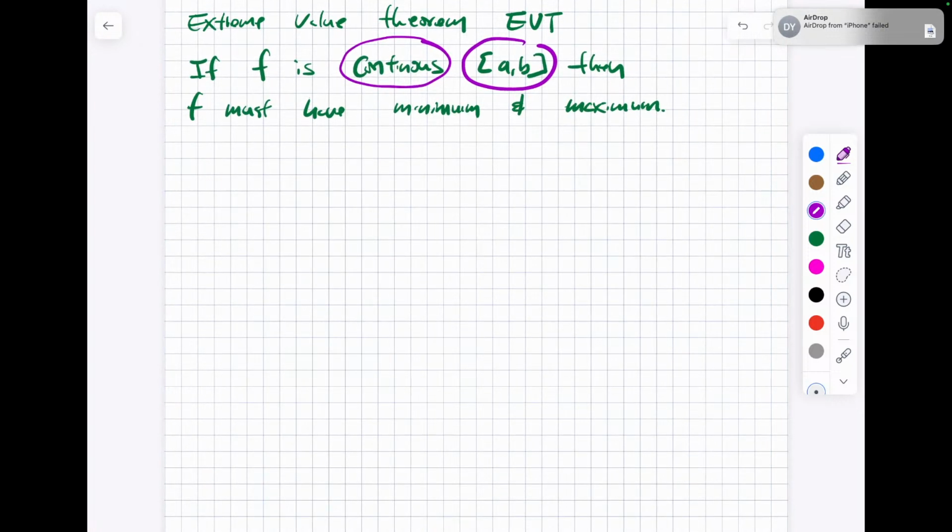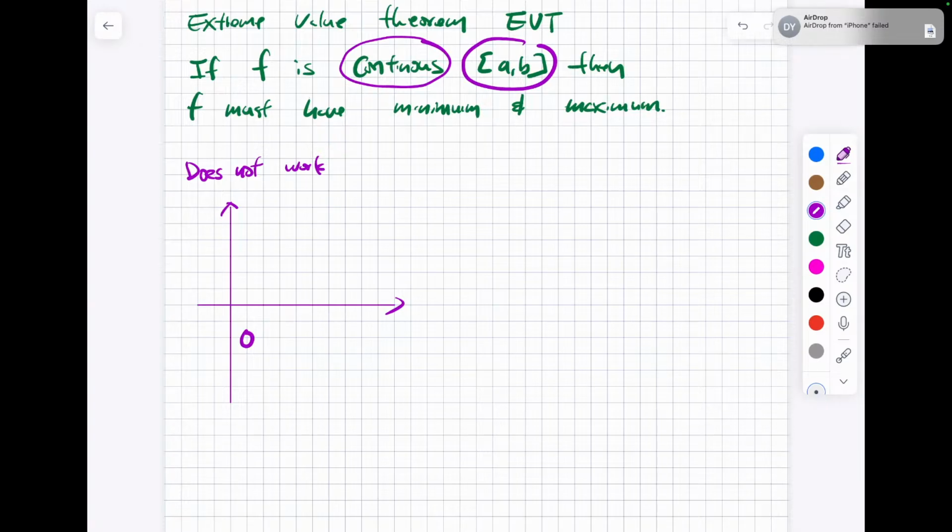Let's give you a situation, a counterexample of the extreme value theorem, where it does not work because it fails a condition. I'm gonna give you some easy ones.